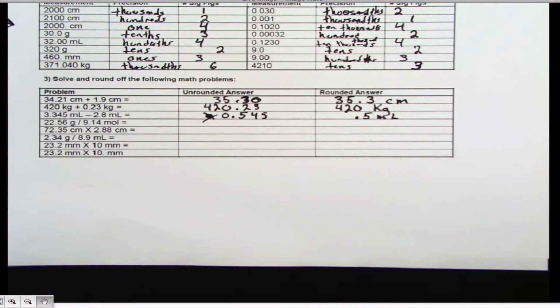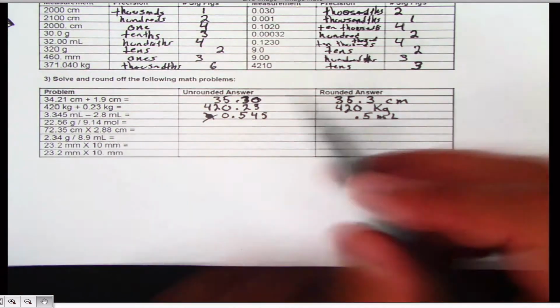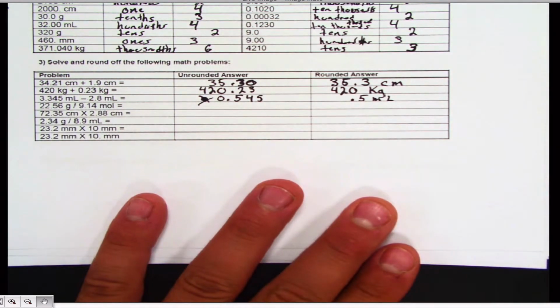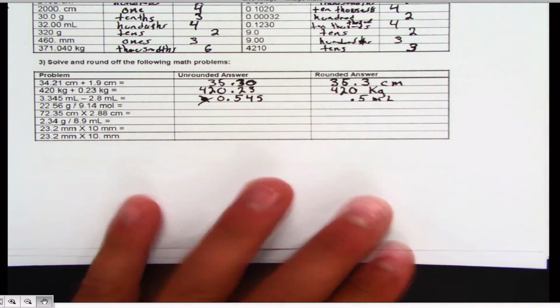All right, sometimes those are confusing, but once you get some practice with it, you're going to be good. Moving on, let's get this going. So 22.56 divided by 9.14.